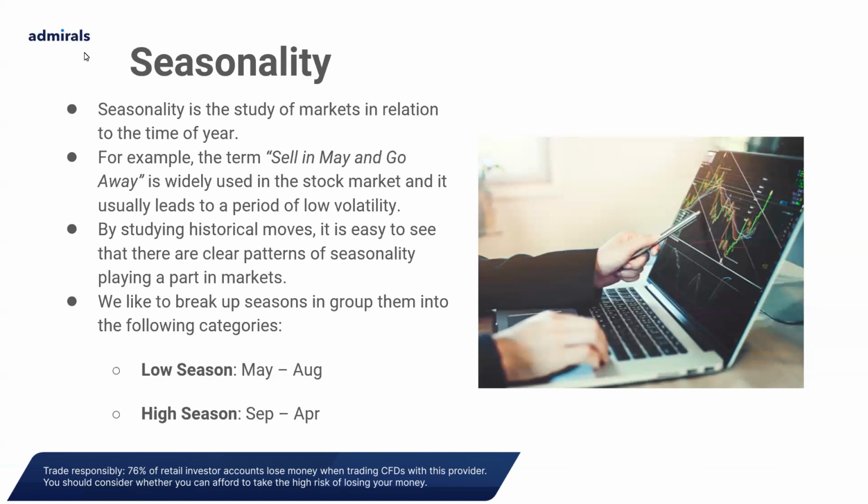So, as I said, it was an old stock market adage of sell in May and go away, and there is an element of that, but I personally believe that as we've moved across to global markets and electronic trading, where some people can trade from anywhere, any instrument, that has changed a little bit.